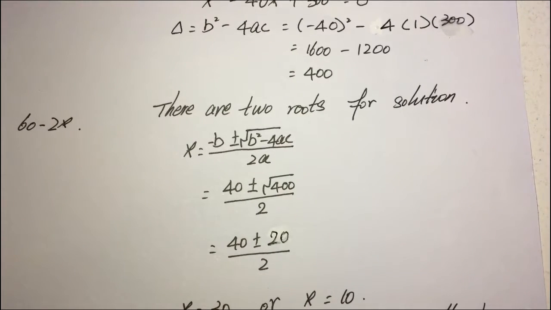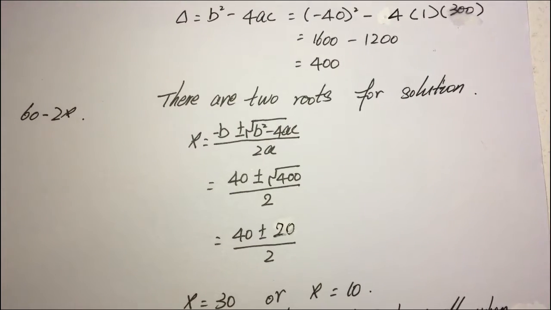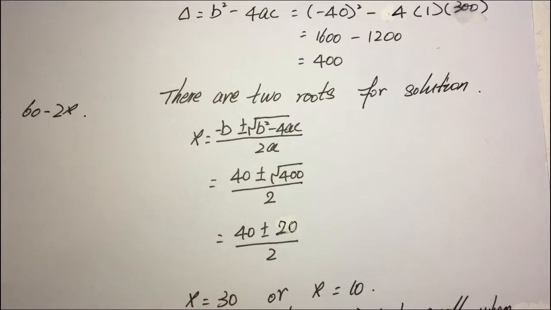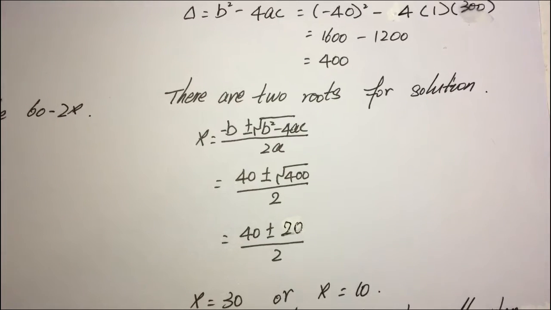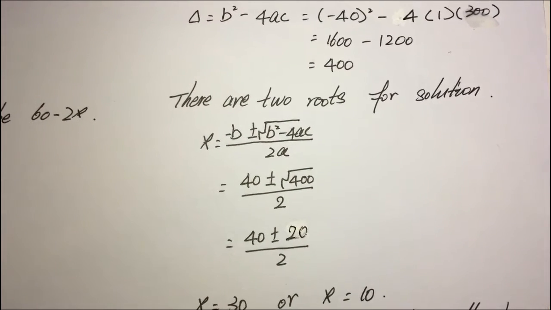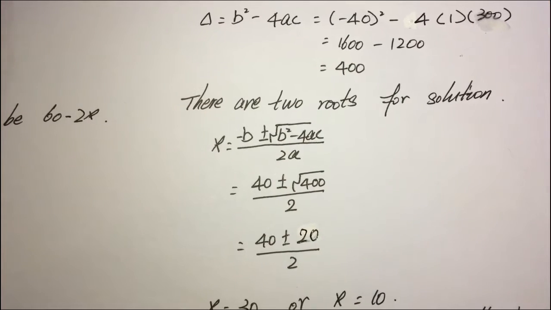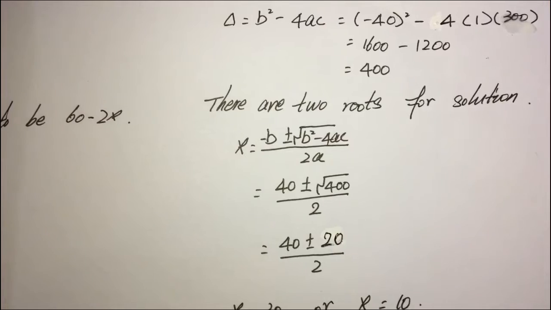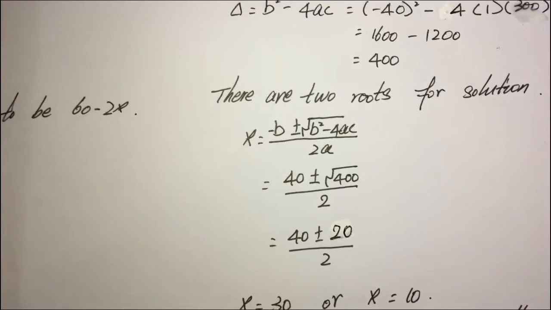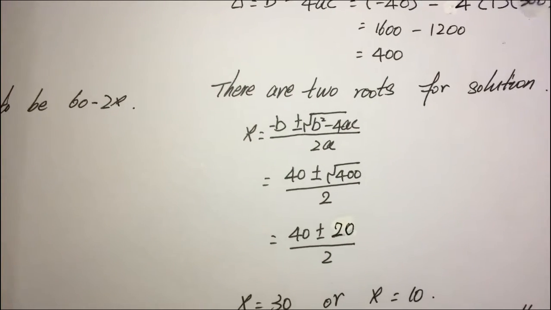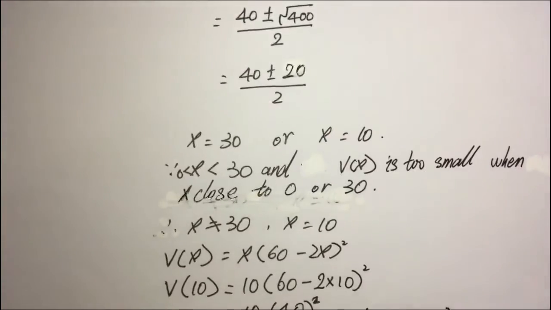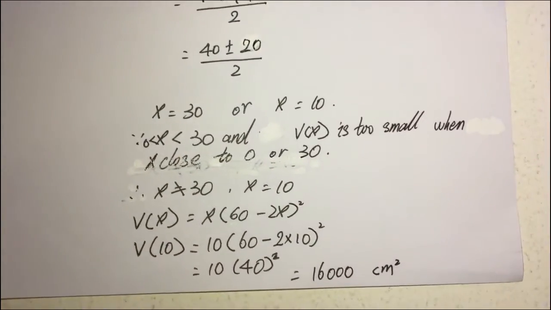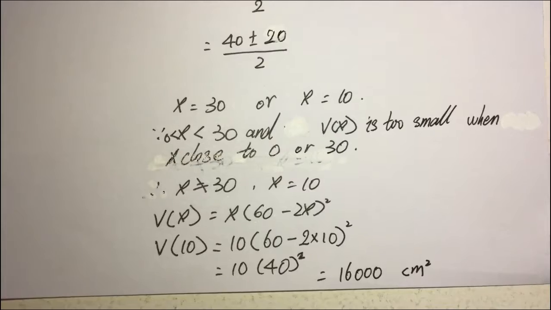Then we can calculate x using x equals minus b plus or minus the square root of delta, divided by 2a. So we will have two solutions: one is x equals 30 and the other is x equals 10.